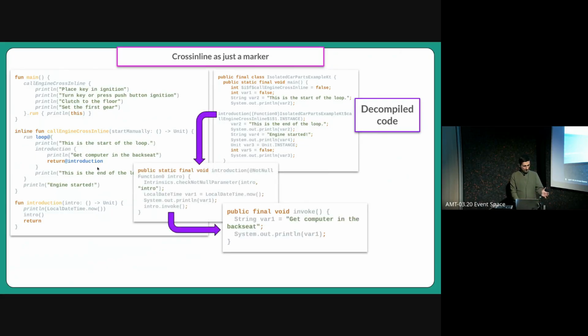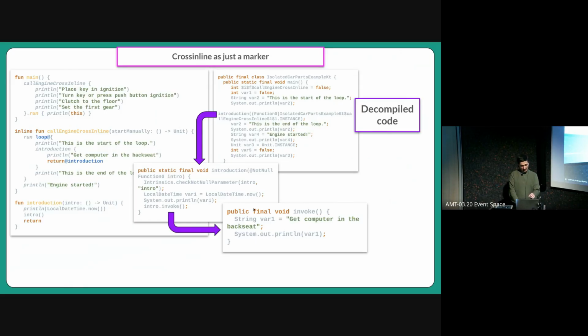If we check the decompiled code, we can see that the call engine crossinline has been inlined, and there's a call to a function in it, which uses the function that we passed through.